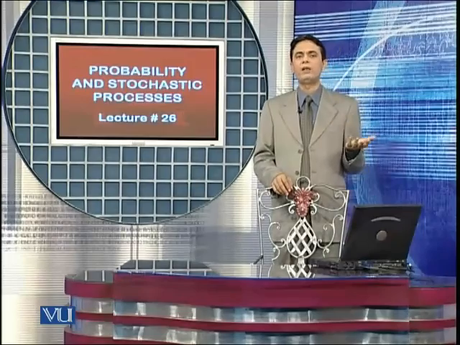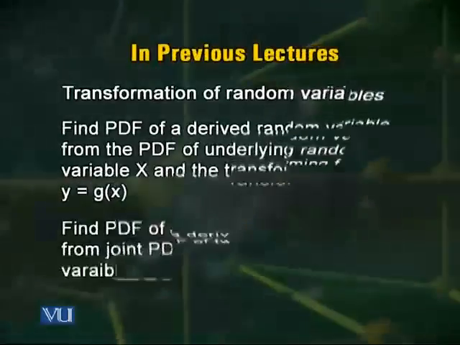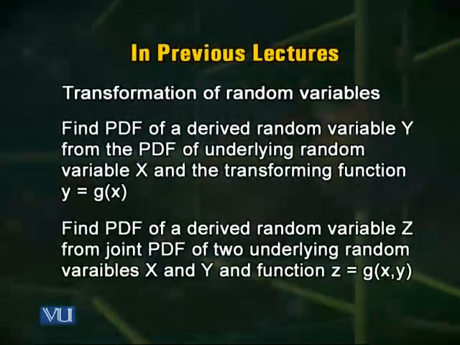Suppose that derived random variable is z, then the values of z depend on the values of x and values of y, and all these three quantities are related by a function, say g. Now g is a function which takes two parameters, values of x and y, and gives us one parameter, the value of z. So this function is from R2 or R square, the plane, to R1 or single line.